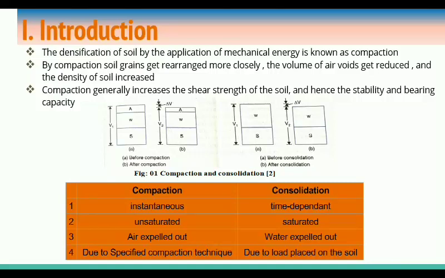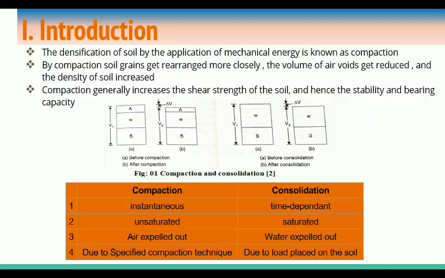Compaction is an instantaneous process, and consolidation is a time-dependent process, it takes a lot of time. Compaction occurs in a partially saturated soil sample, means unsaturated, and consolidation occurs in saturated soil. During compaction, air is expelled out, and during consolidation, water is expelled out.